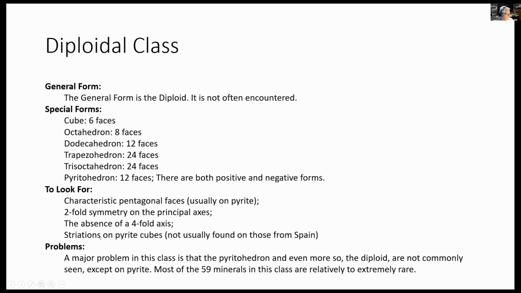And then again, it mentions here that striations on the pyrite cubes is something to look for, but not usually the Spanish ones. Yeah, that absence of the fourfold axis is probably key. It is. And then down the bottom, the major problem in this class is that the pyritohedron, and even more so the diploid, are not commonly seen except on pyrite. And there's only 59 minerals in this class.